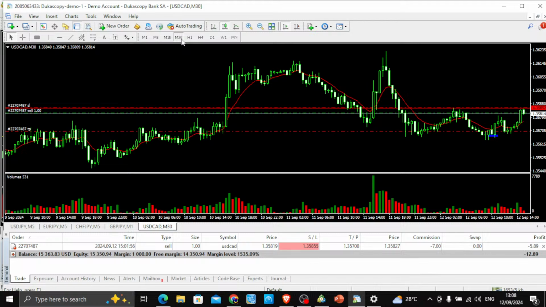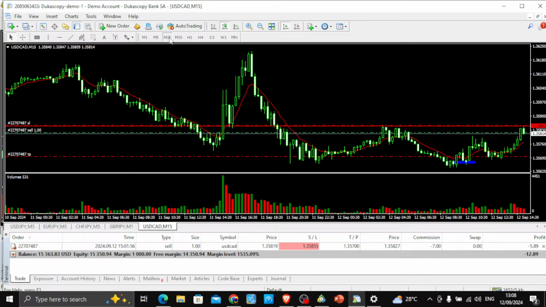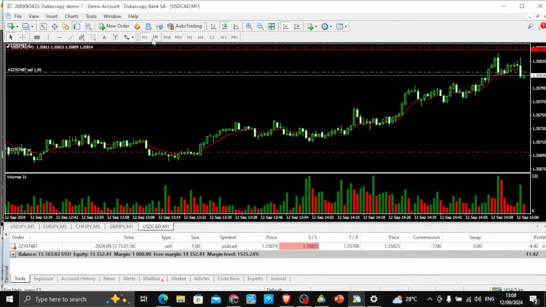If you check 30 minutes, it's the same bearishness. 15 minutes, the same bearishness. So with 1 hour, we can now enter in the direction of those shorter time frames. That's how to do it.